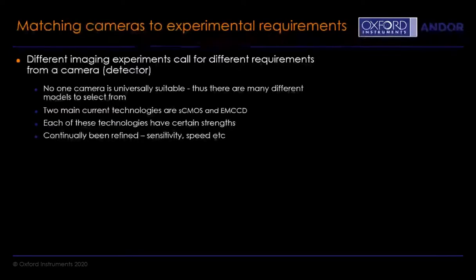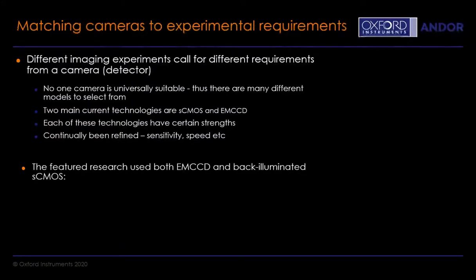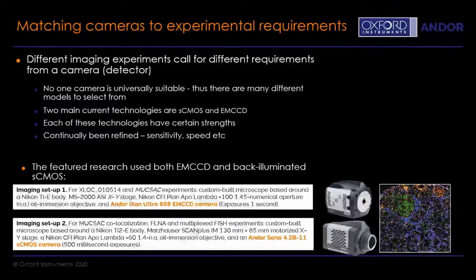And over the years, these technologies have been continually refined, primarily trying to achieve improvements in sensitivity, but also with improvements in speed and trying to see larger fields of view as well. And in the research that has just been discussed and covered, they have used both EMCCD and back-illuminated sCMOS cameras, as we can see from a summary of two of the imaging setups.